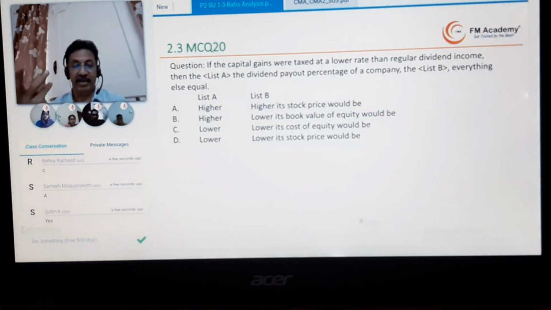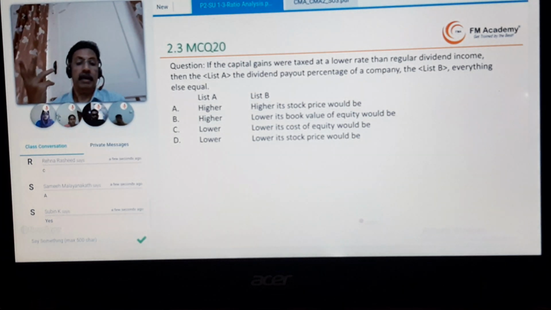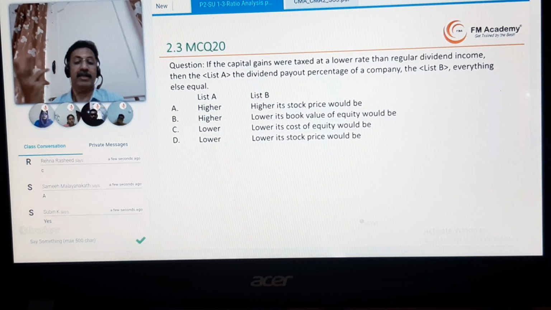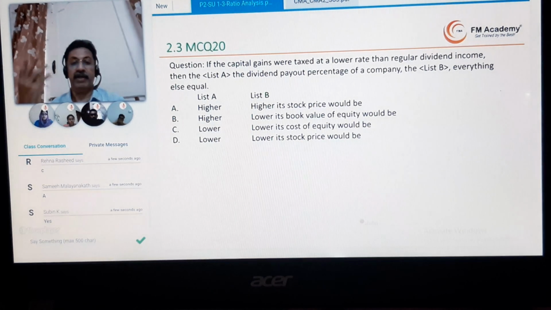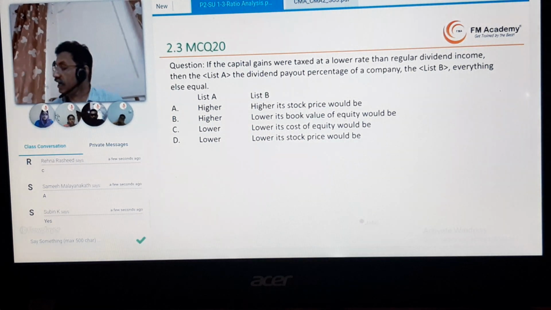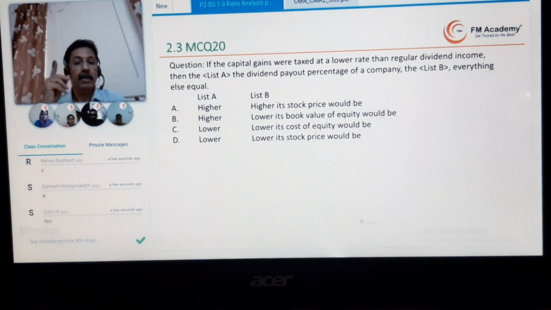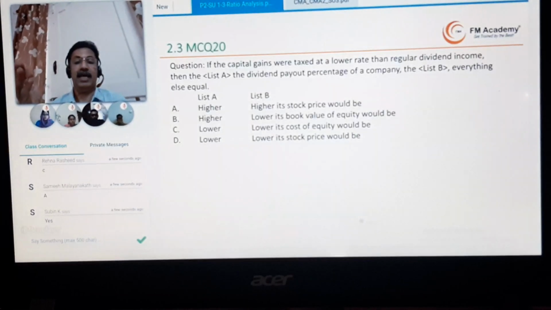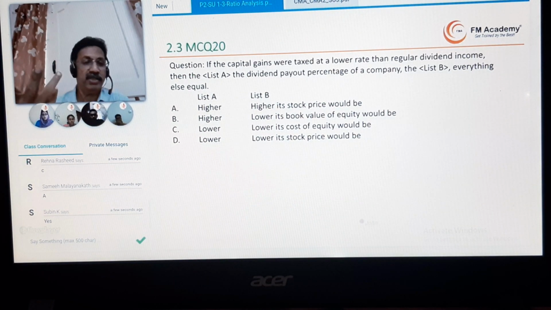If that is the case, they would require higher return from the equity. So if the dividend payout ratio is higher, the capital gain is taxed at a lower rate than regular dividend. So what is the preference?